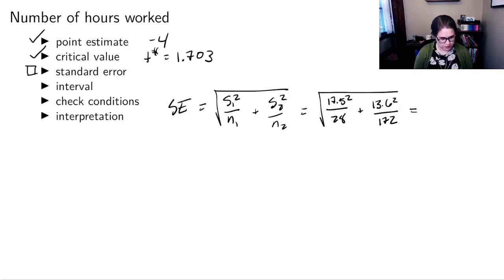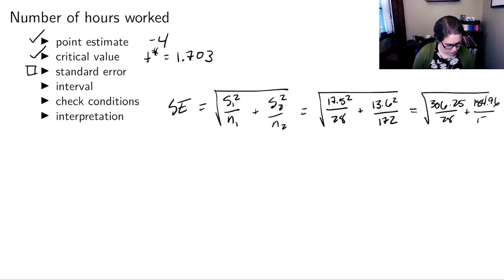And maybe I'll square those numbers first. So let's see. 306.25 over 28 plus 184.96 over 172.